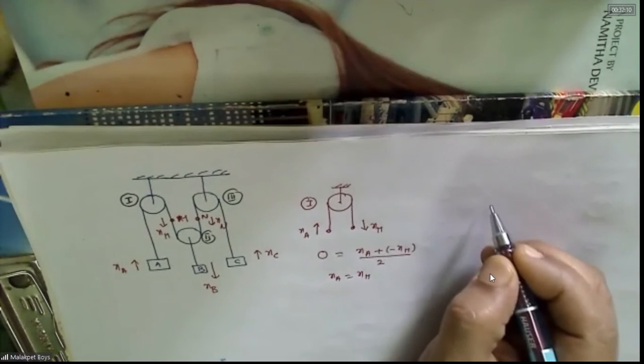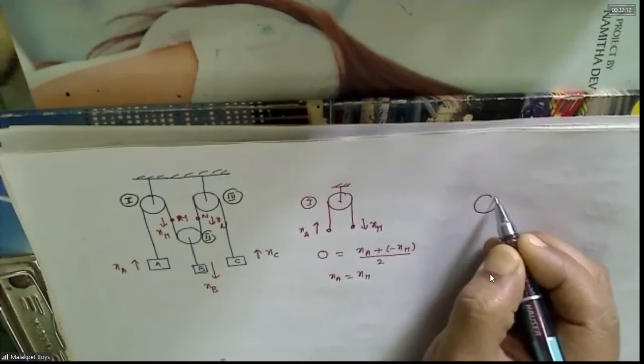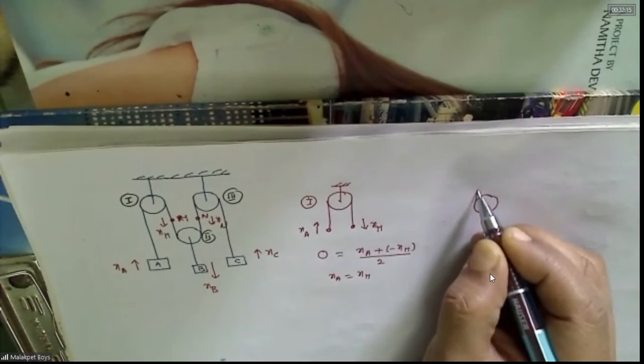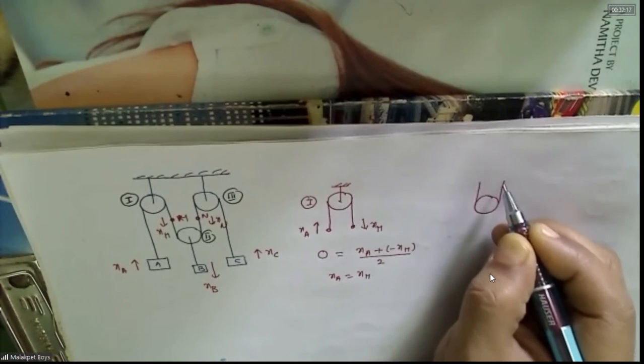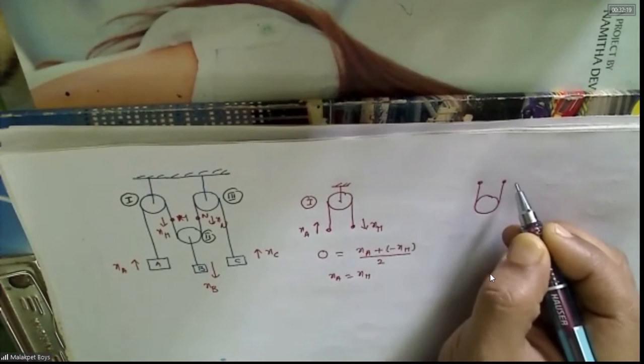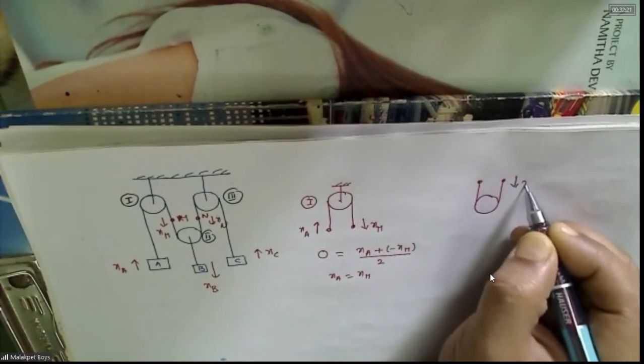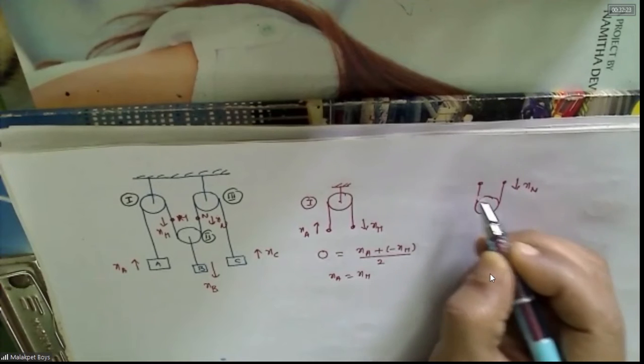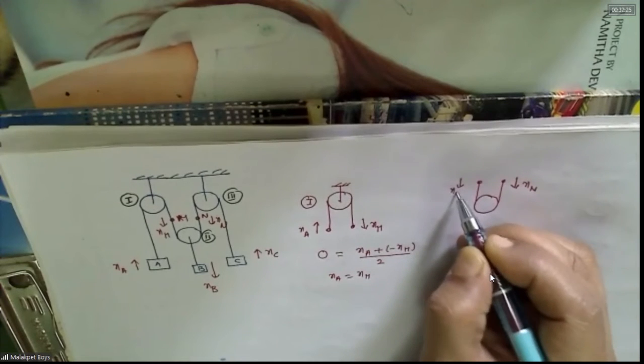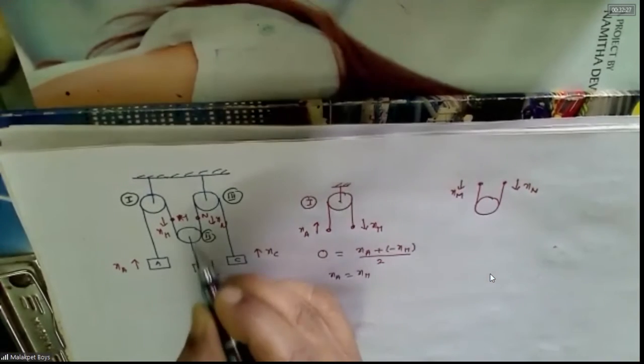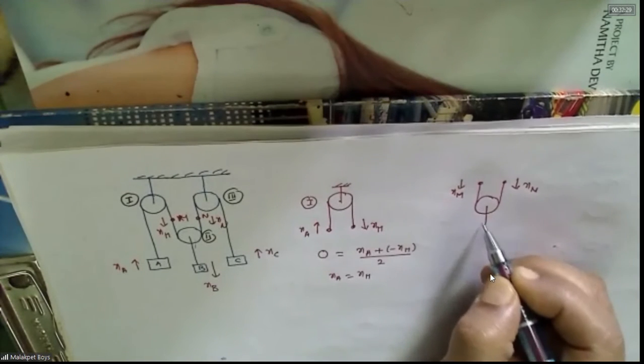Yes, sir. Come back to pulley 2. This is the second pulley. There are 2 points over here. This is XN. This is XM. When this has XB, this also has XB now.